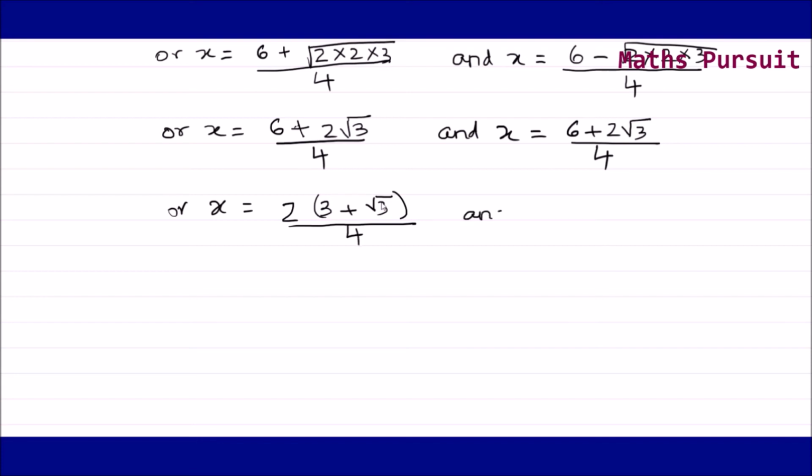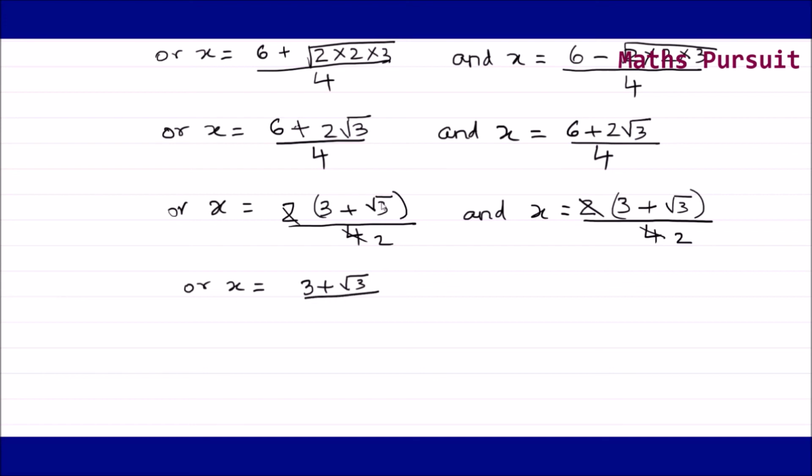Similarly here x is equal to, taking 2 as common, because in 6 plus 2 root 3 we are left with 3 plus root 3, upon 4. Now this 2 and this 2, and this 2 and this 4, I can write as 2. So x is equal to 3 plus root 3 by 2, and the other one is x is equal to 3.